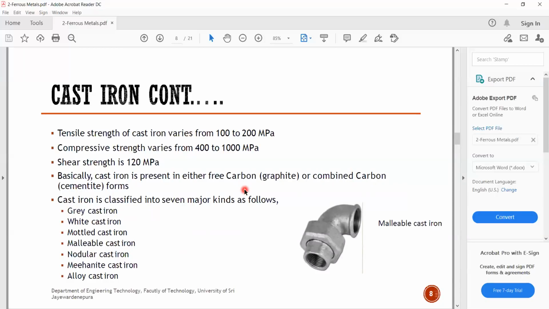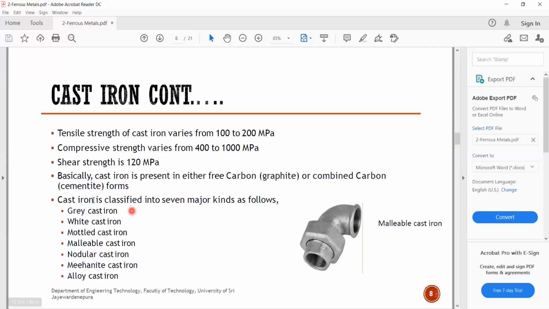Okay. Here, the tensile strength of cast iron varies from 100 to 200 megapascal, right? Compressive strength, this one. Shear strength, 120. So you can classify cast iron into grey cast iron, white cast iron, mottled, malleable, nodular, meehanite, and alloy cast iron.